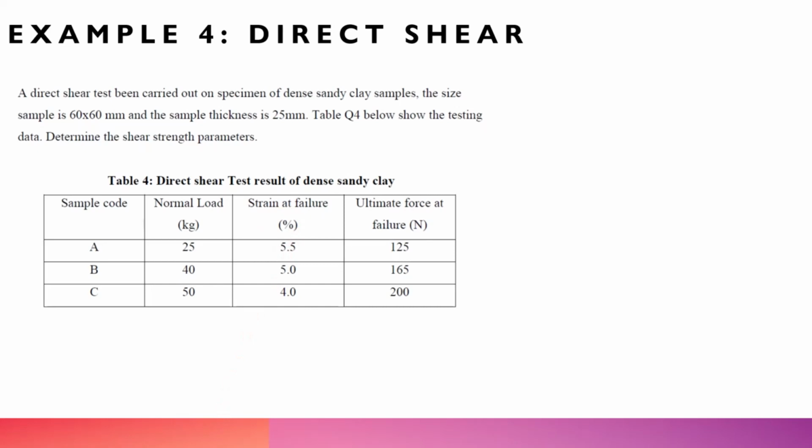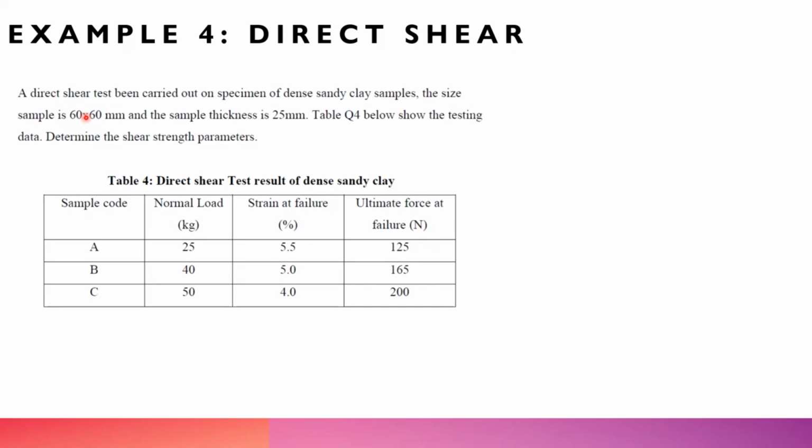But to get the change in cross-section area, first you need to find out the initial cross-section. There's information here on the dimensions of the sample, which is 60 times 60 millimeters, with a sample thickness of 25 mm. The thickness has nothing to do with it; you just need the dimensions here.